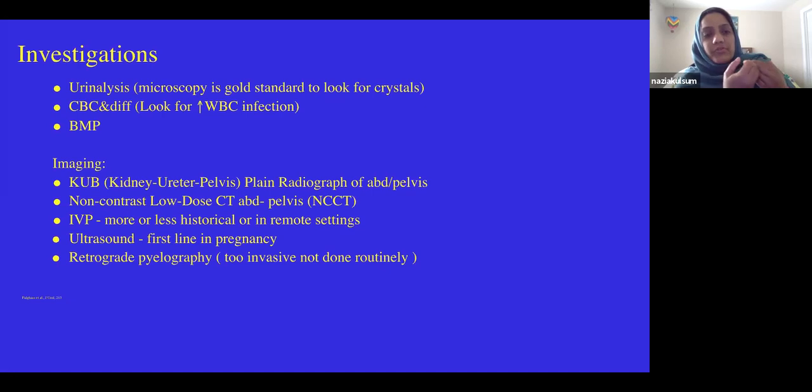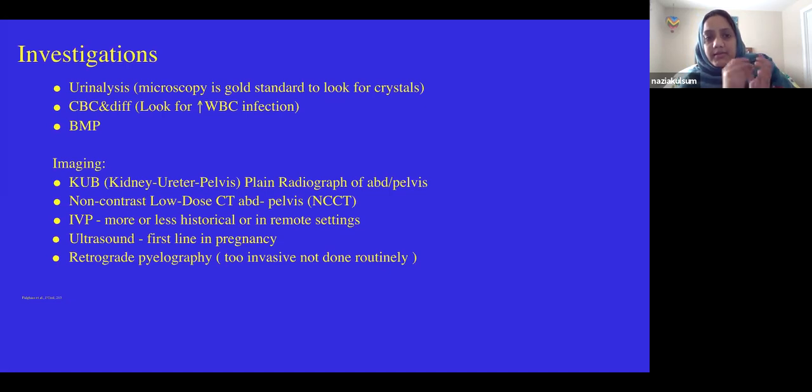Sometimes if the stone is overlapping a bone, for example the pelvic bone structures, then you may not see the stone very well. So KUB is a good place to start. Most of the times when kids come in with abdominal pain, they're getting KUBs and they find incidental stones. Then the next best test would be a low dose non-contrast CT.